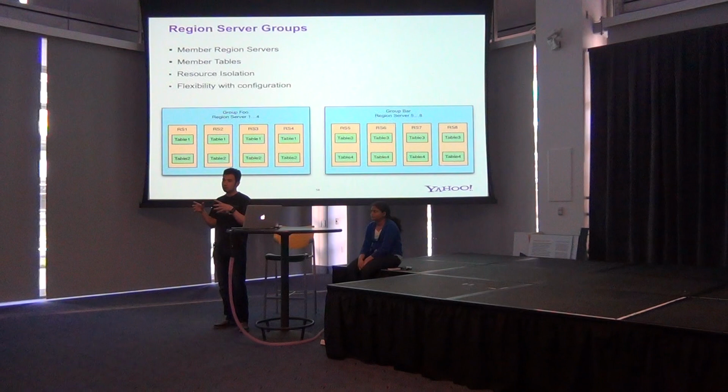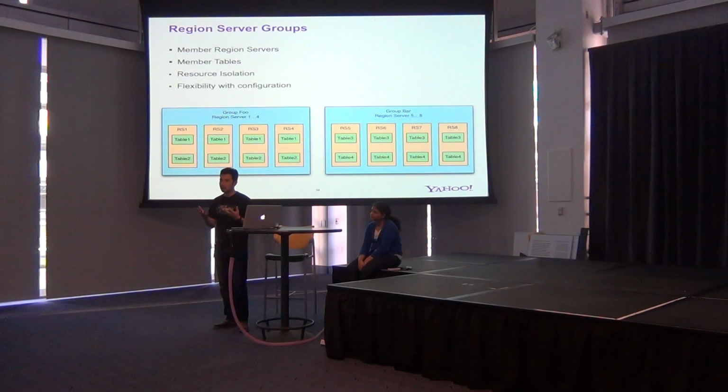Now, one thing to keep in mind with HBase is that when you serve out tables, you have the region server, which serves out the regions. And these regions can come from different tables, which may be from different tenants or users. So the problem here is that your tables will now contend for resources. For example, someone might be evicting your region's data from the cache, or you might be contending for I/O when you're writing.